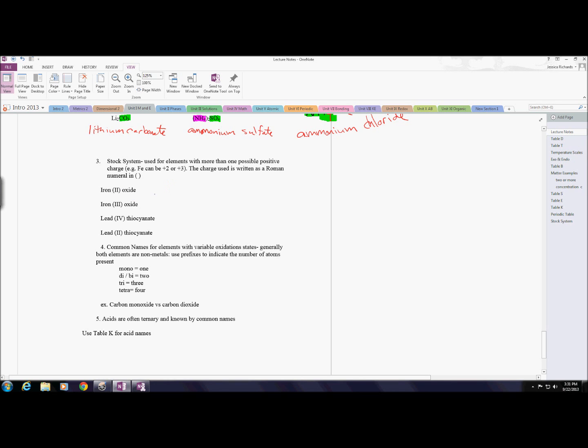When we form the compounds, we look up what element it is that's iron. So iron is Fe. This Roman numeral always goes with the positive ion, so this 2 applies to the iron. What this Roman numeral is telling me is the charge. The Roman numeral tells you the charge on the ion.